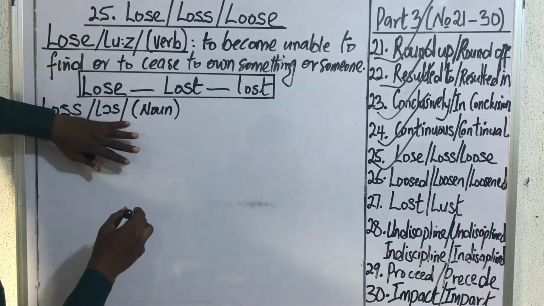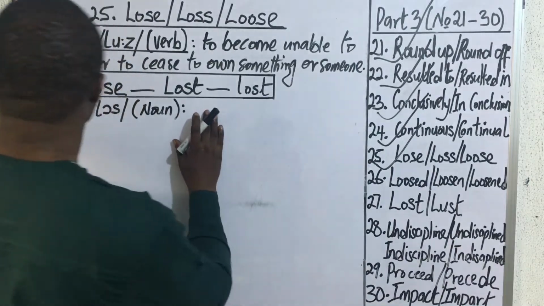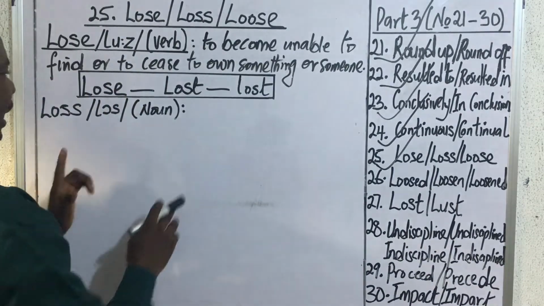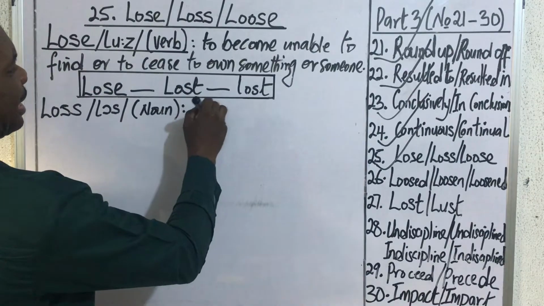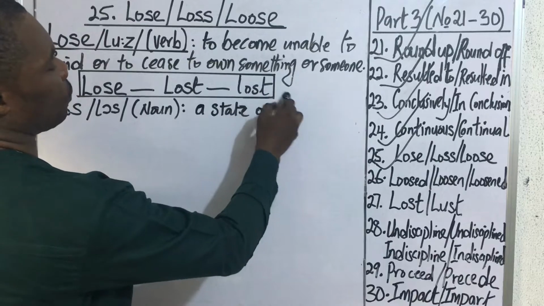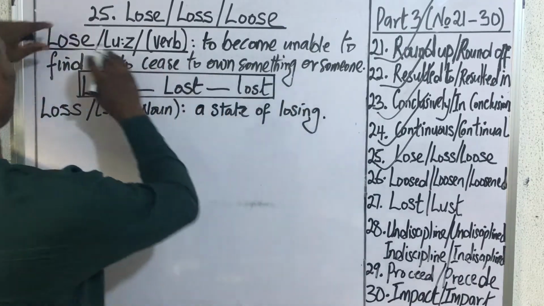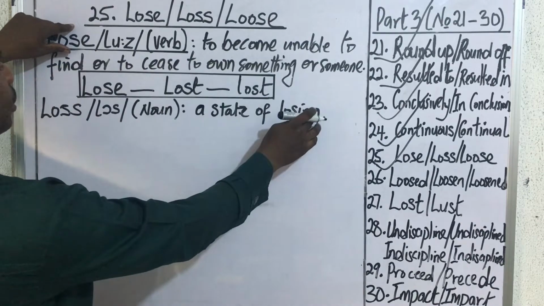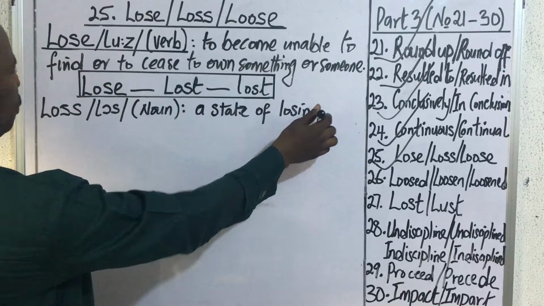Now, it is the word, okay, that gives rise to this. Now, what is the meaning of loss? Being a noun, it is a state of being. So we can say a state of what? Losing. Remember, I've changed this word now to the ing form. So I now have L, O, S, E, then ing, losing.